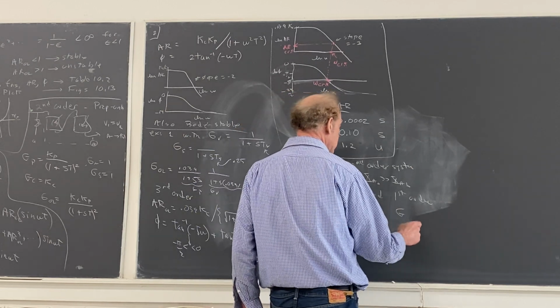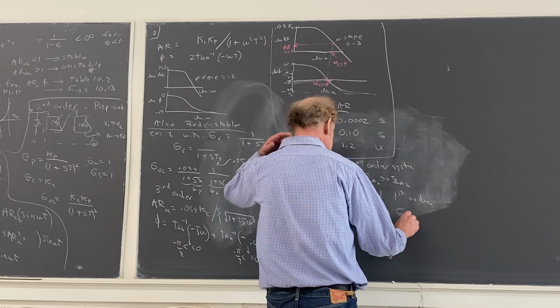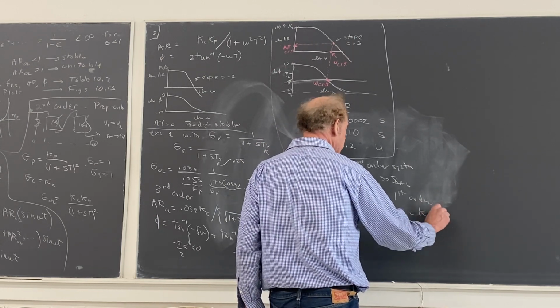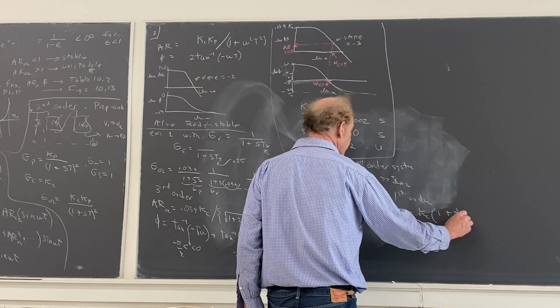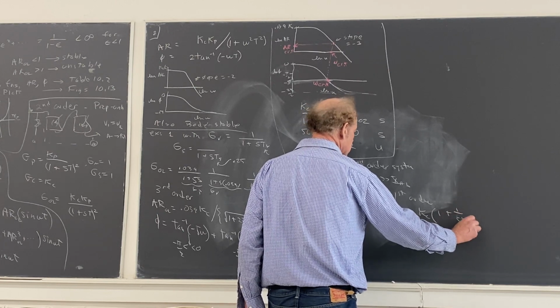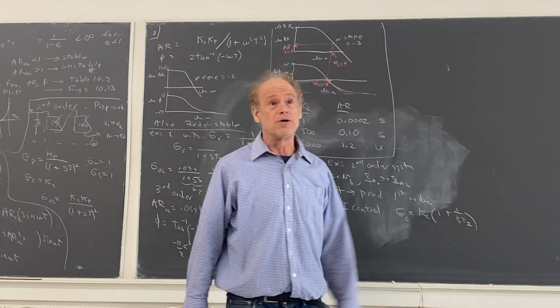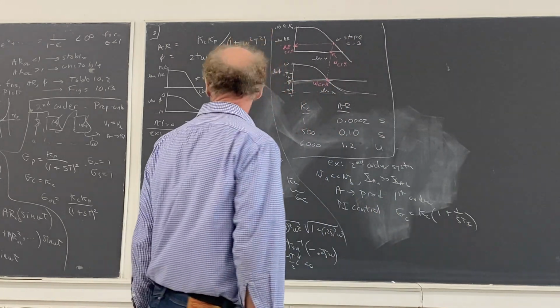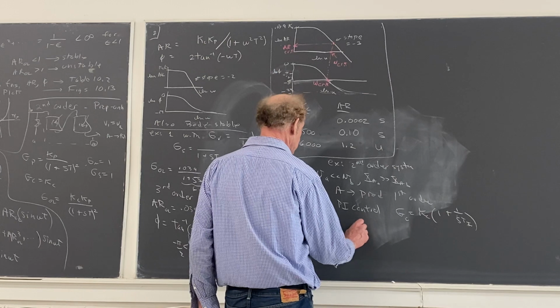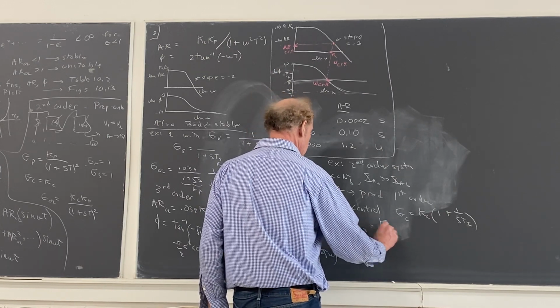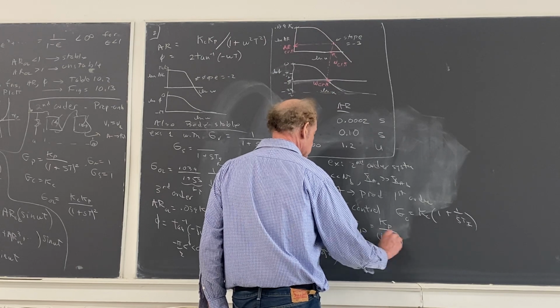which means that C is Kc times 1 plus 1 over s tau I. So this is not just proportional, but it's proportional integral control. It's second order, so GP is Kp over 1 plus s tau squared.